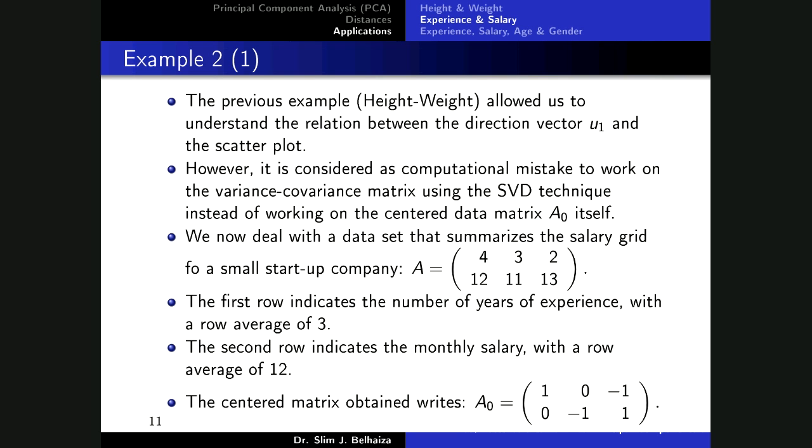And we were able to compute the average number of years of experience, which is most likely 3 here, as you see. And we were able to obtain also the average salary on our data. So if you subtract from every entry on every row the corresponding average, you obtain the centered matrix A0. Okay?